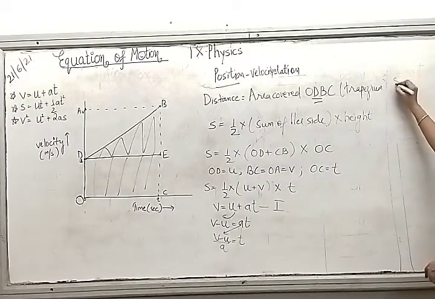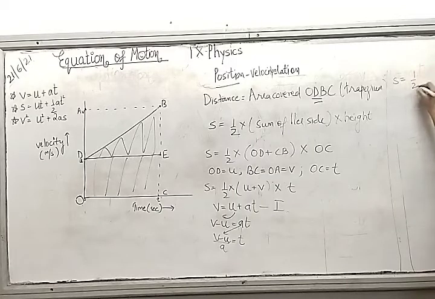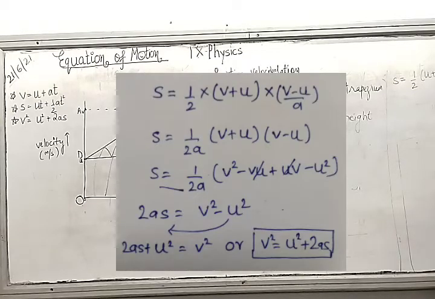So S equal to half into U plus V, and instead of T I am writing V minus U divided by A. Now S equals, with the 2A, V plus U into V minus U over 2A. Now you have to open the bracket and solve it, and I will take the 2A to this side.